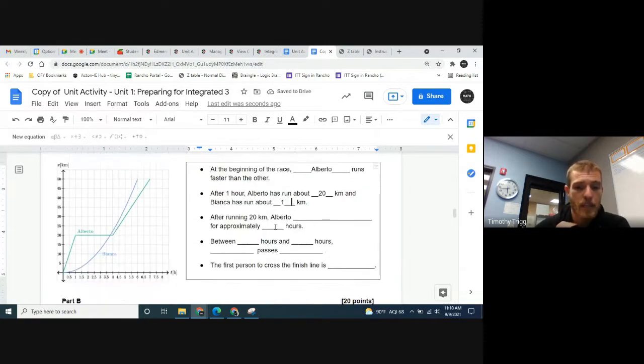After running approximately 20 kilometers, Alberto blank for approximately blank hours. So after running 20 kilometers, notice Alberto has this flat line. Now, what is that showing? That's showing that time is still passing, but he's not running any more distance. The y-axis is not changing, he's not going any farther.